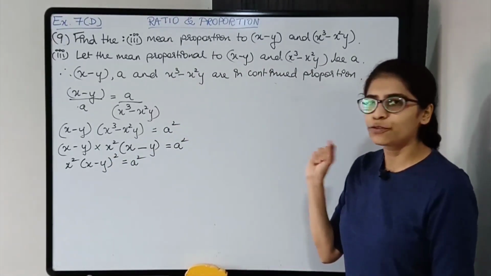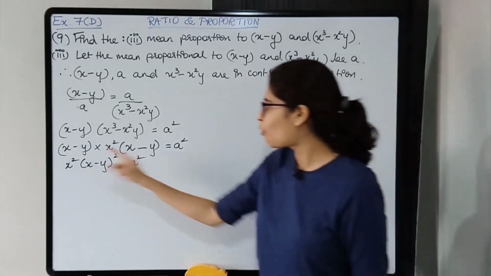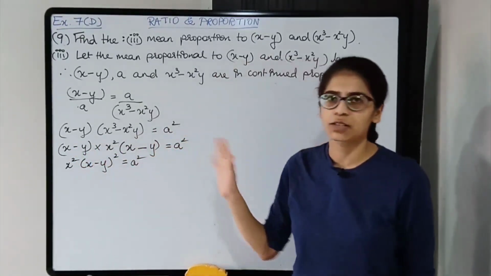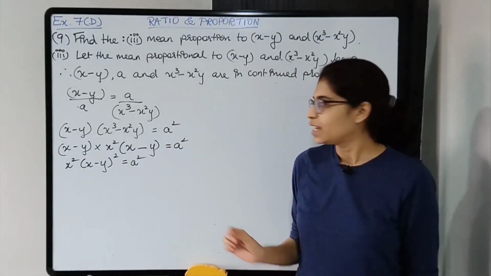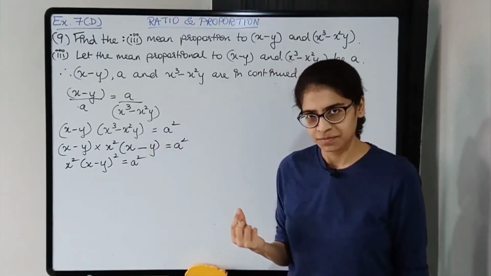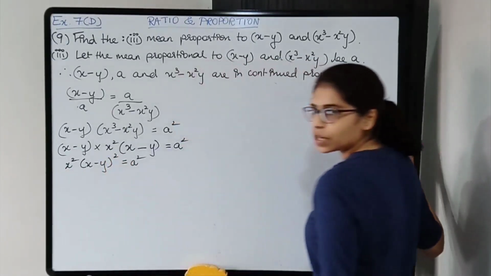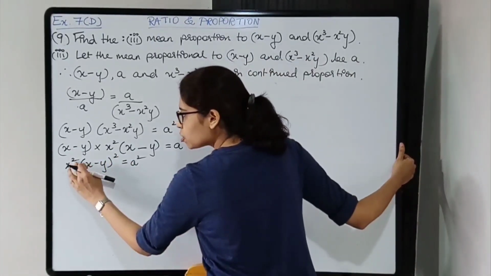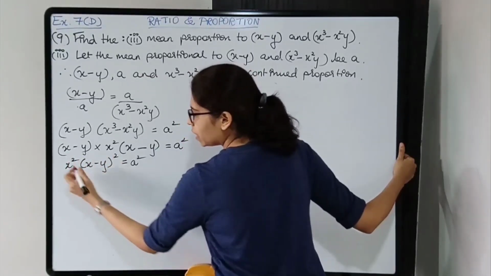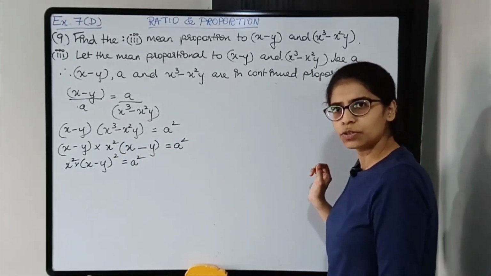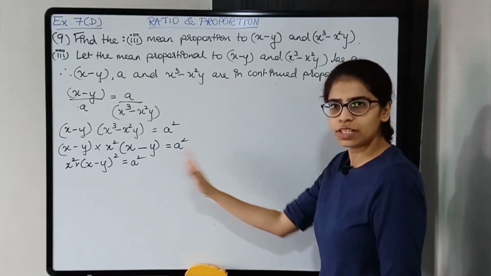Alright, some of you make the mistake of multiplying x with x, x square, minus y into y, y square. No, it will be the whole square. So x square into x minus y the whole square. Over here also I have a square term, here also a square term, in between there is a multiplication sign. Let's take square root throughout, taking square root on both the sides.